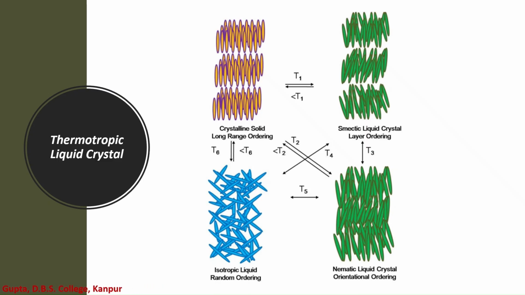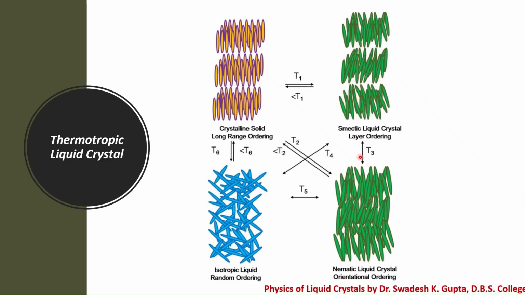Now the transition between various liquid crystal mesophases occurs at very well defined temperatures with very little hysteresis observed between heating and cooling. As you can see here, the crystal can directly go to isotropic liquid, or it can go to a nematic phase, or it can go to a smectic phase, depending on what material you are using.